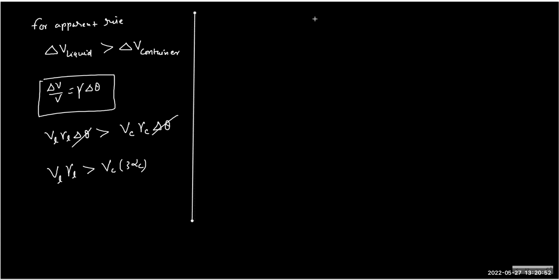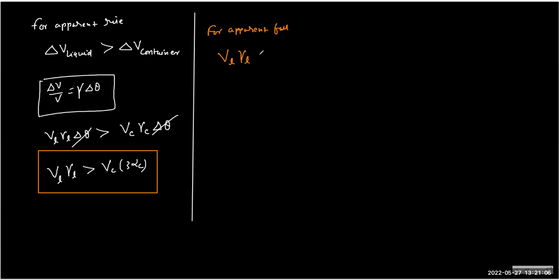This is called the condition for apparent rise. For apparent fall, the VL gamma L, just reverse the inequality. That's it.